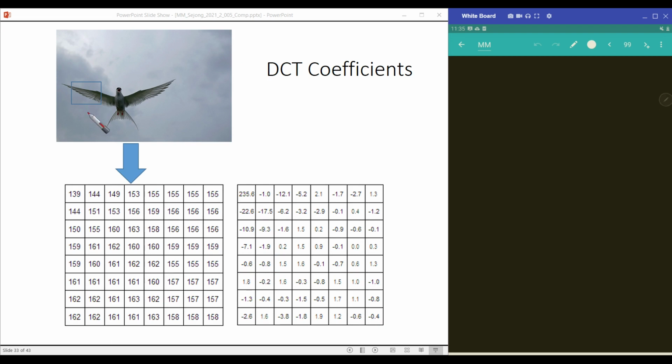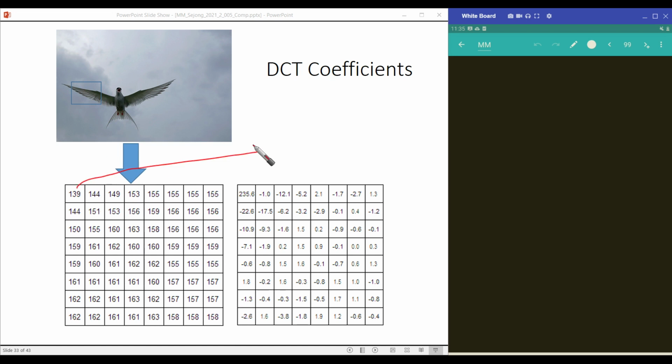The very simple thing. Let's say this is our entire image, and as you know, we will take it block by block. So let's say an 8 by 8 block, 8 by 8 block, 8 by 8 block. Somehow let's say we are now here, just this 8 by 8 block, and this is, let's say, a gray level image, and in this 8 by 8 block, let's say the pixel values are 139, 144, 153, and in this way this is an 8 by 8 block.